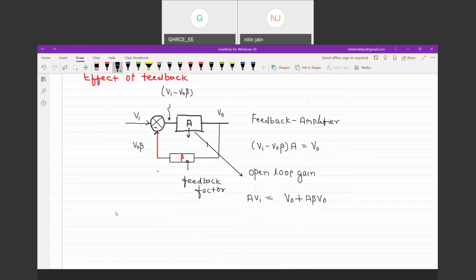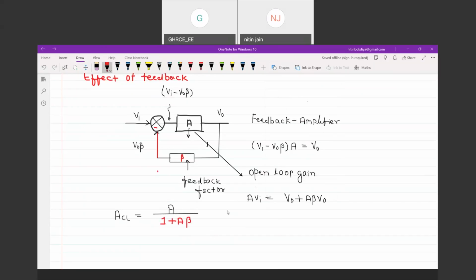Or I can say the closed loop gain is equivalent to A divided by 1 plus A into beta.